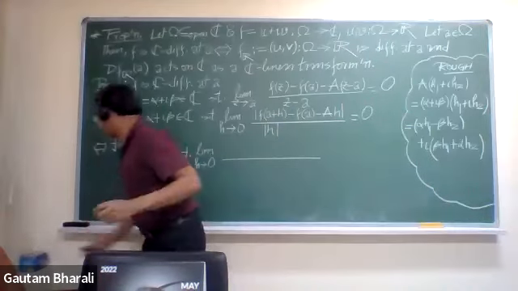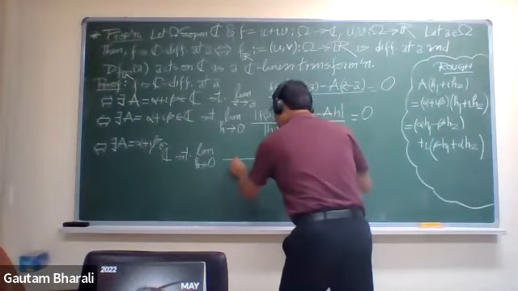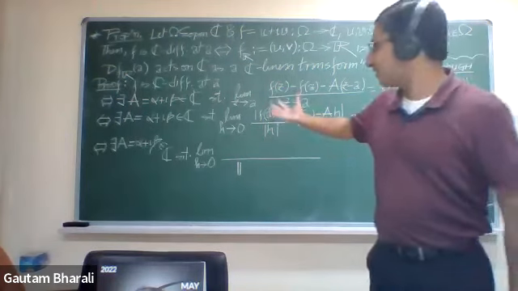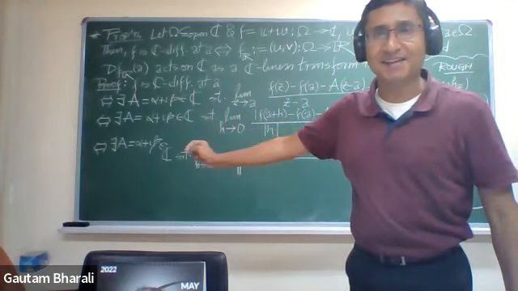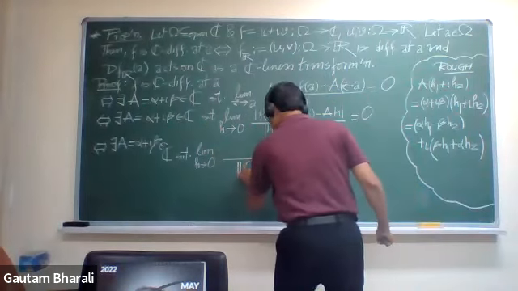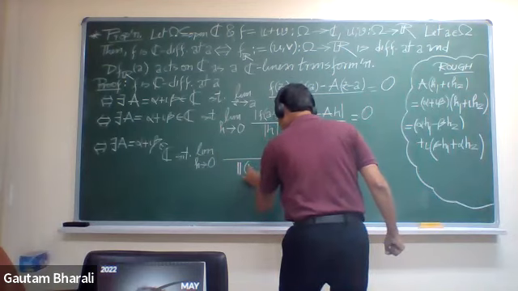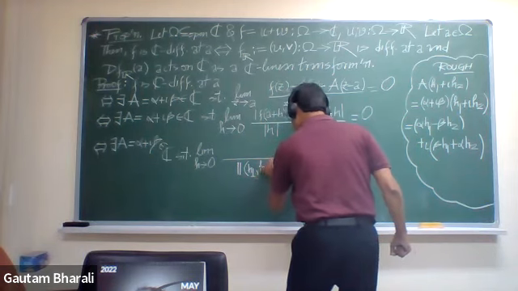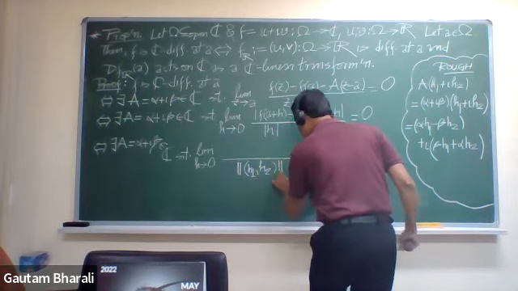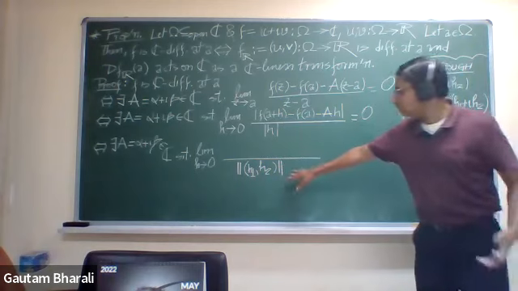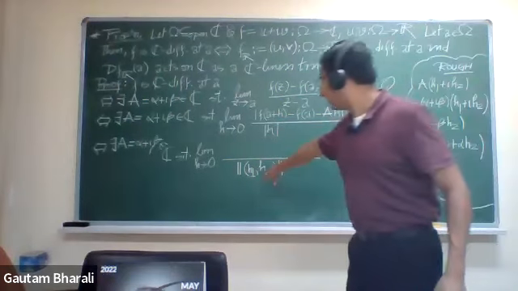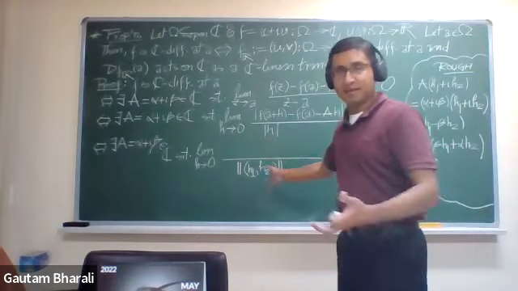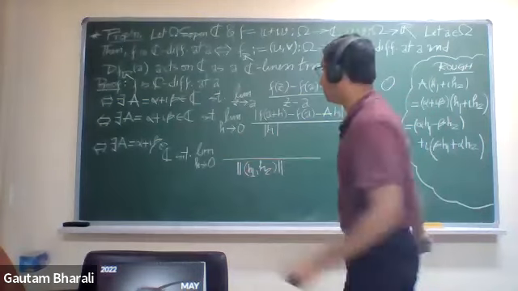So I do the stupid thing. I now pretend that this computation doesn't live in C, but lives in R2. So this little h, I'm going to write as the R2 vector h1, h2. And when I'm done with this, everyone will see why I was doing this. Because I'm pretending that this complex number is living in R2, the absolute value I write as the Euclidean norm, same thing, right?